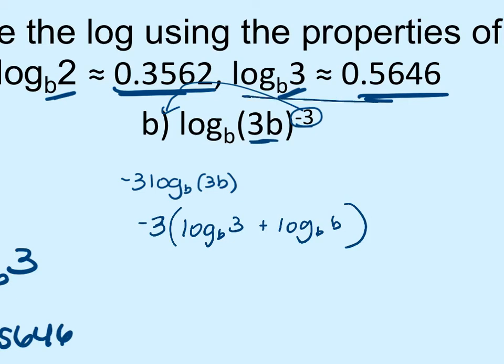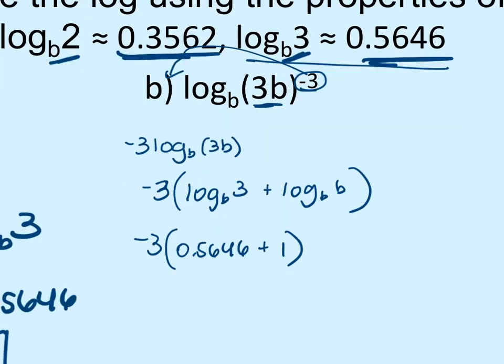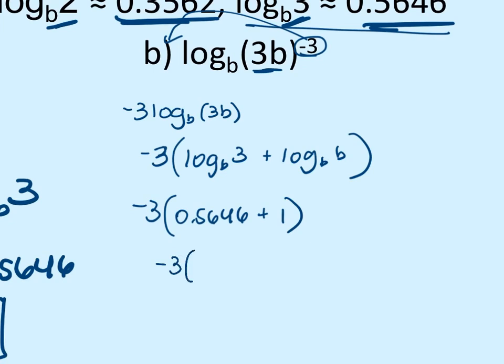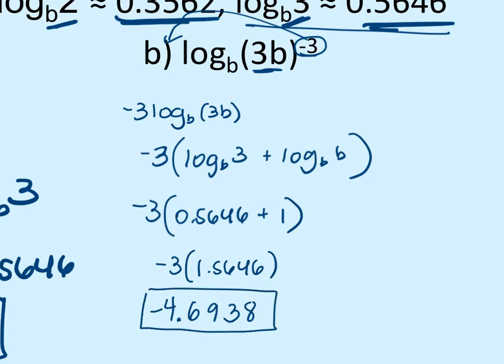So now we're given what log base b of 3 is, 0.5646. What about log base b of b? It's 1. If the base and the argument are the same, it's 1. So now I get negative 3 times 1.5646. And I get negative 4.6938.